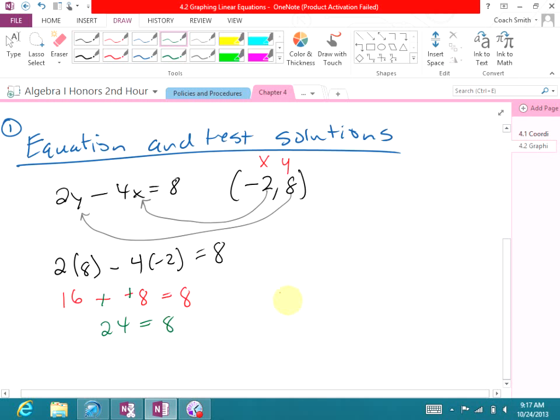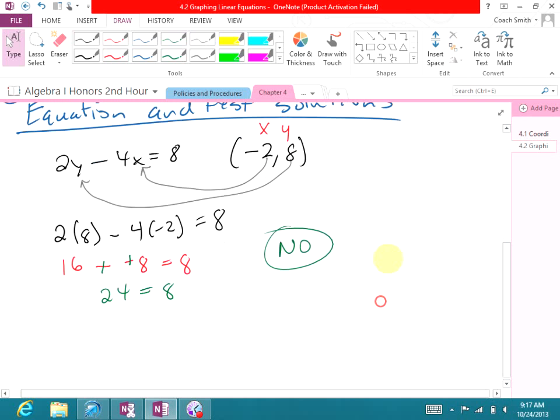So no, that ordered pair is not a solution to this equation. That's the first thing they're going to get you to do. It doesn't really get any harder than that. It's just a matter of making sure that you plug in the right value for the right variable.